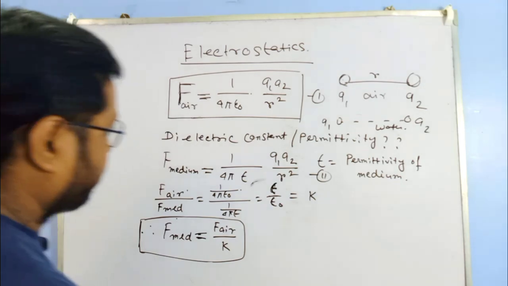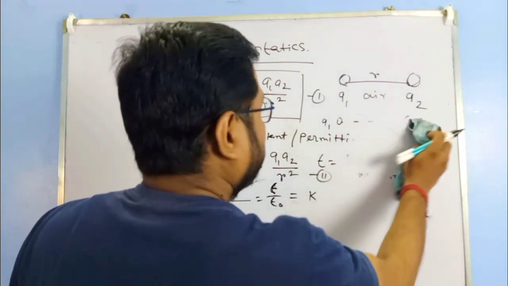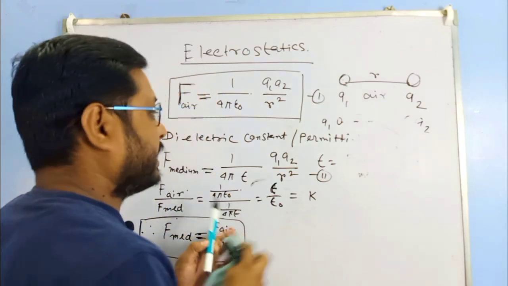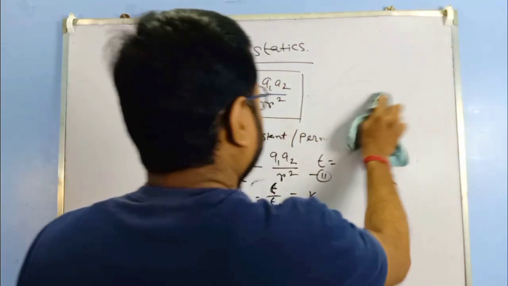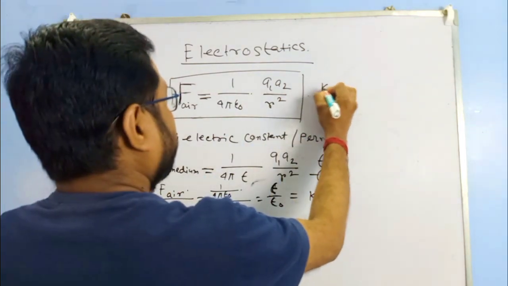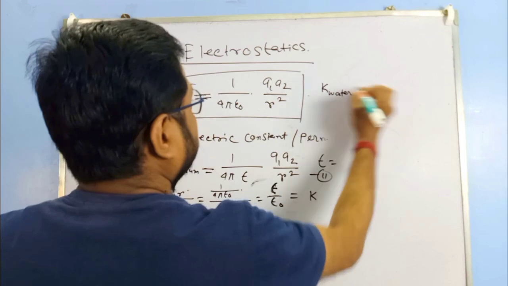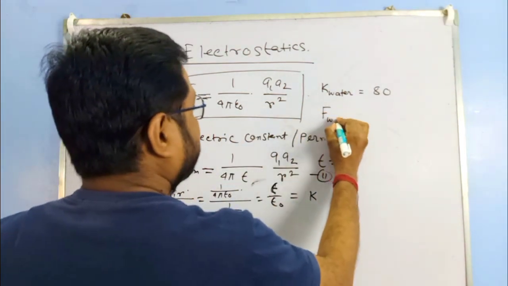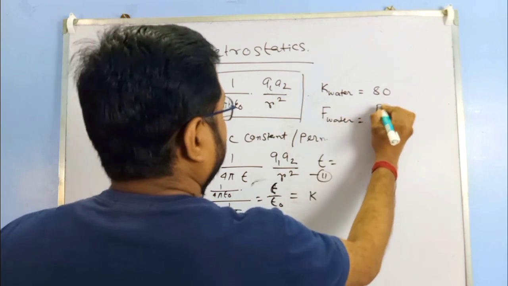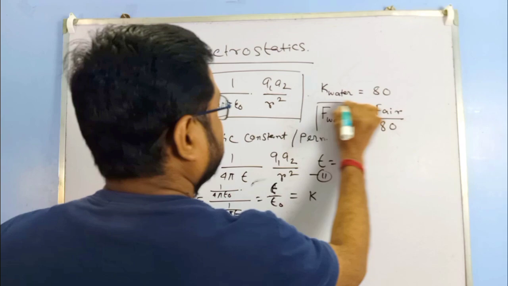For example, we know that the dielectric constant of water is 80 with respect to air. K water equals 80. So the Coulomb force in water is the Coulomb force in air divided by 80.